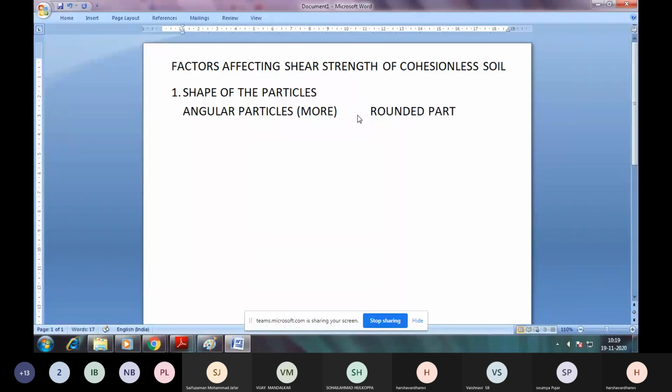If the soil mass contains angular particles, its shear strength will be more compared to that of a soil mass containing rounded particles.